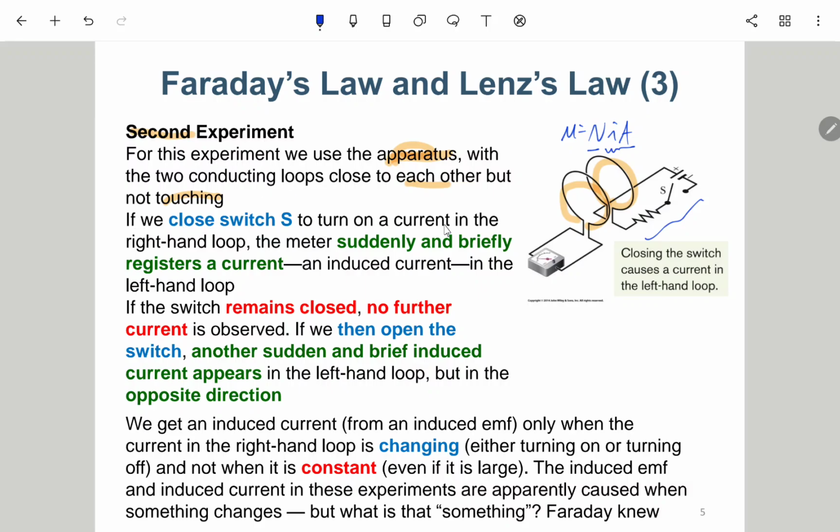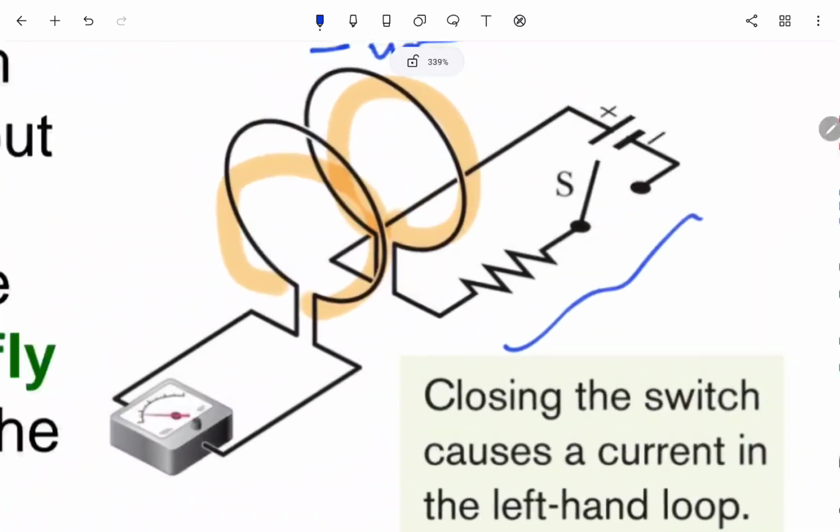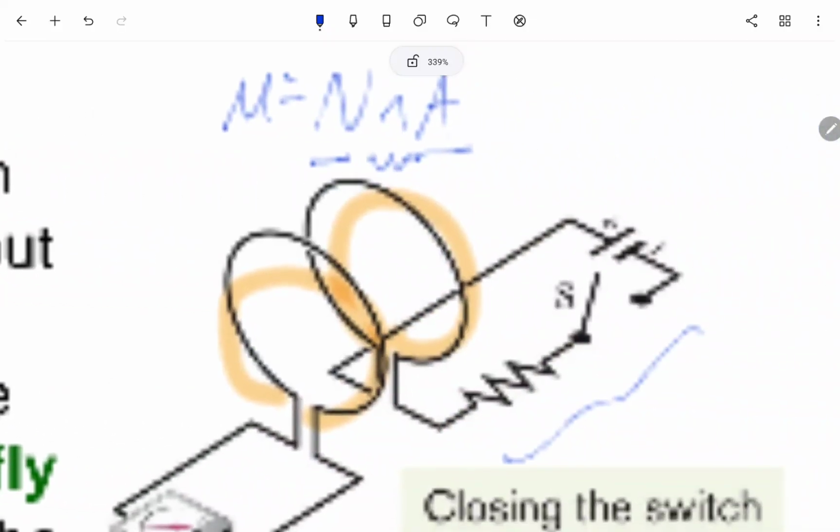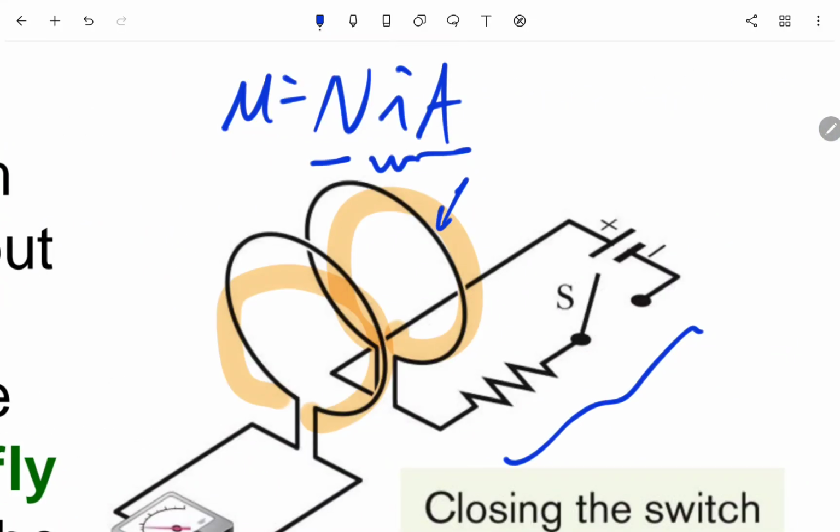Okay, so if we close switch S to turn on a current in the right hand loop, the meter suddenly and briefly registers a current, induced in the left hand loop. For this loop, we of course have this current loop here, and then we have a resistor, a battery, and a switch.